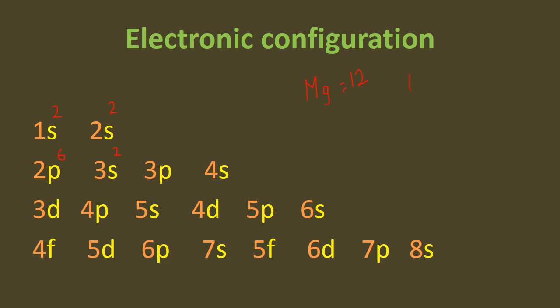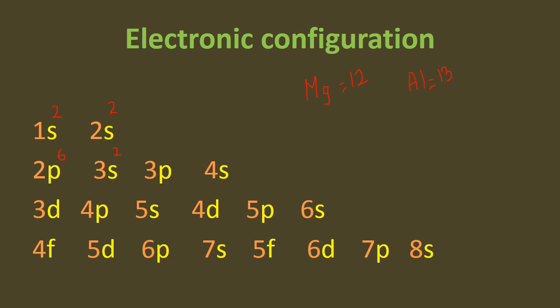Aluminium has atomic number 13. Now I have to accommodate 13 electrons in this arrangement. S subshell cannot accommodate more than 2 electrons. So in the similar way, 2 in 1s, 2 in 2s, 6 in 2p, 2 in 3s.